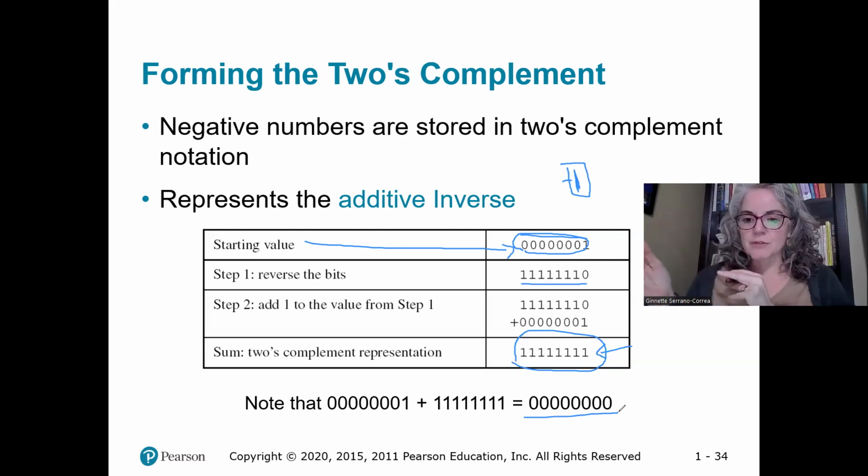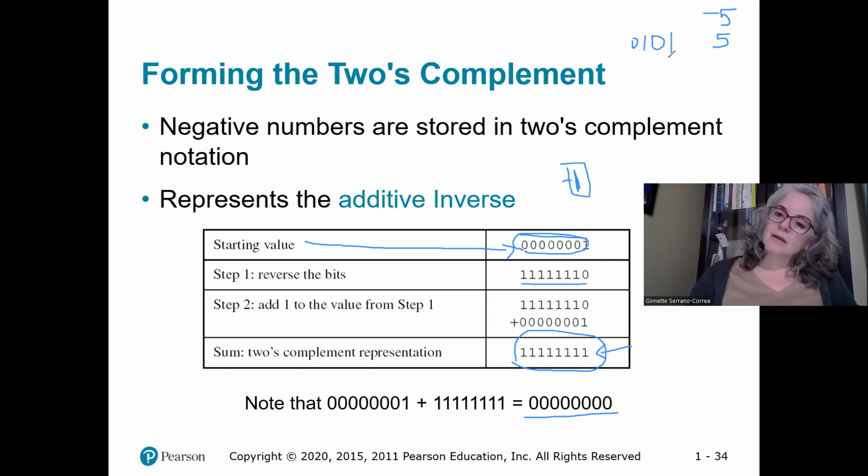That's the additive inverse. For example, I'm going to make this shorter. I'm not going to use all the 0s, okay? So let's say we have 0, 1, 0, 1. So this is 1, 2, 4. So this is a positive 5, okay? So let's say that we wanted to know how a negative 5 is stored in binary.